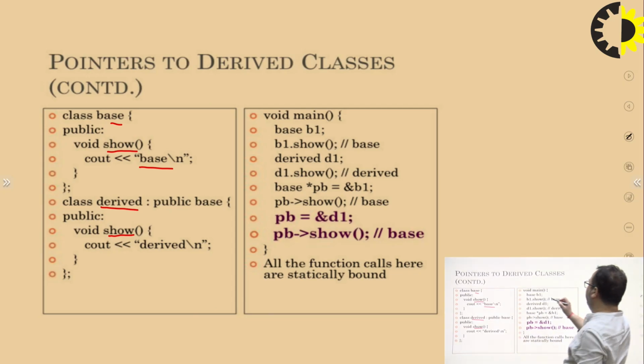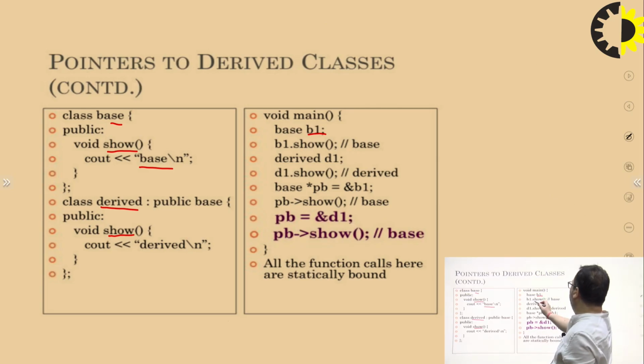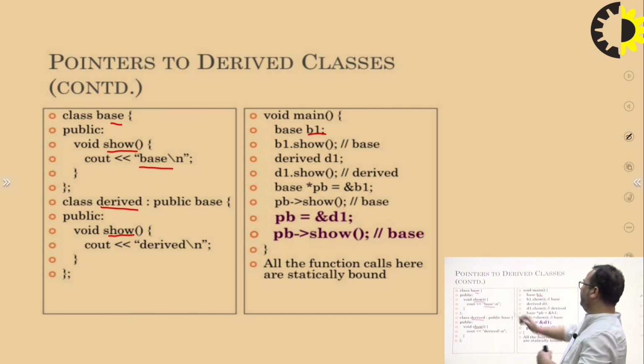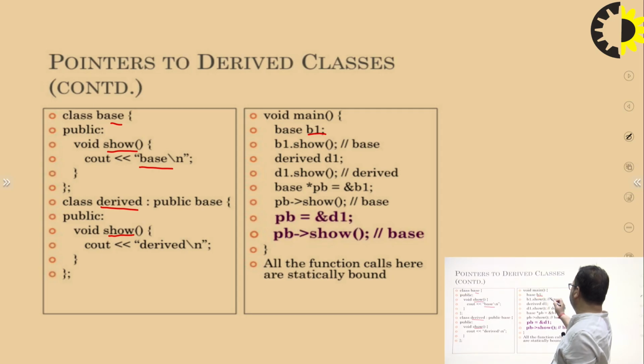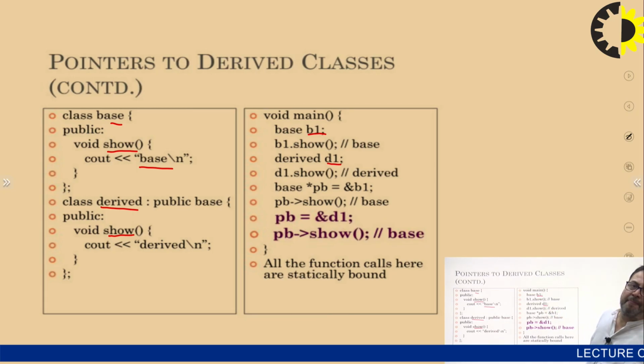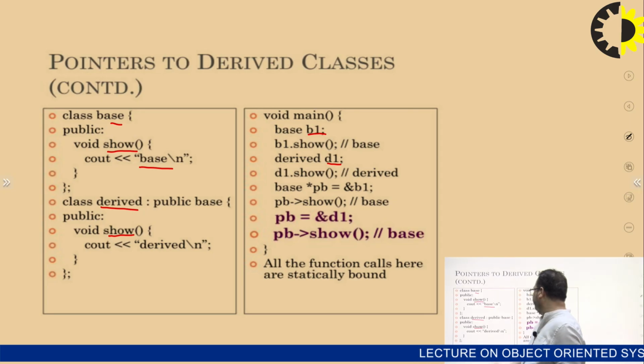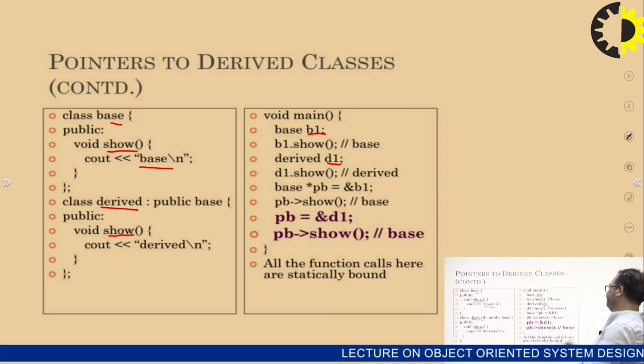Now in main, B1 is the base class object. If we write B1.show, the show function of the base class will be invoked and simply print base, so the output will be base. Similarly, we have a derived class object D1, and if we invoke D1.show, it invokes the function in the derived class and prints derived.